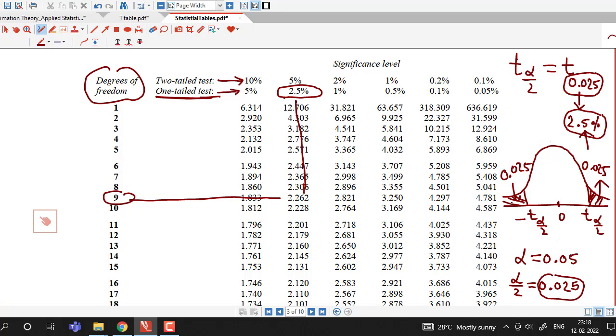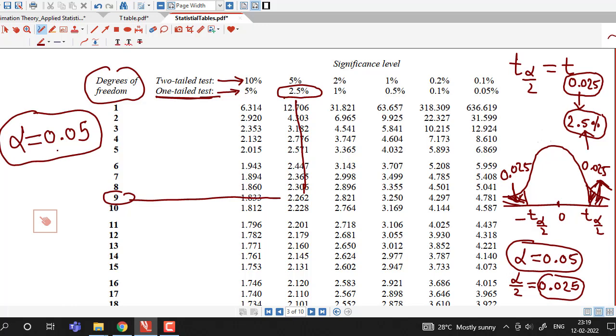Now suppose we want to use two-tailed test, then we consider the area covered in both the tails. That means we have to consider this as alpha. We know that area covered in both the tails is the sum of these two areas, each 0.025. So for two-tailed area we have alpha equal to 0.05. So significance level in percentage becomes 5%.